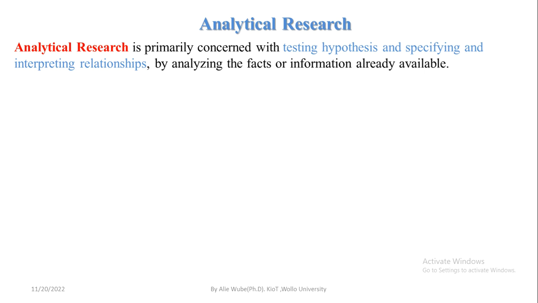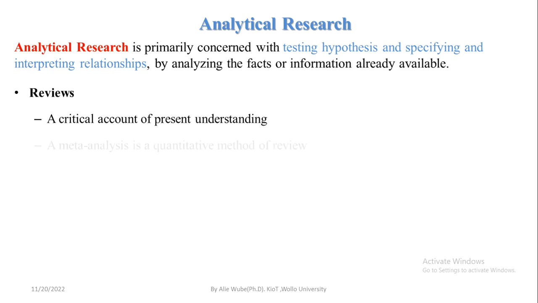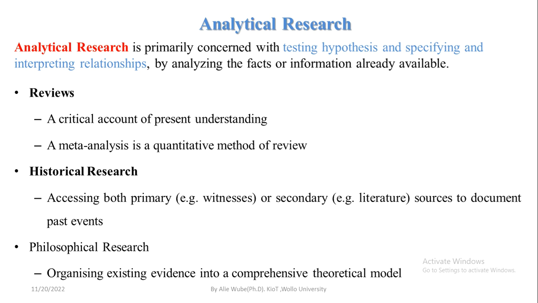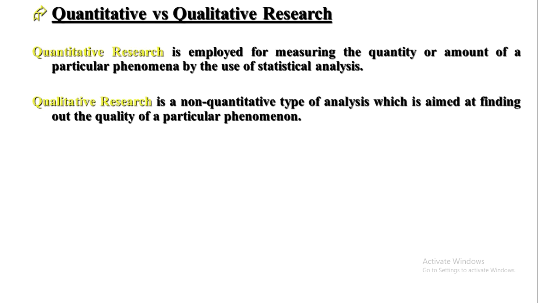When it comes to the analytical type, the primary concern is testing the hypothesis and interpreting a relationship by analyzing the facts or information already available, and then we can test or specify. For instance, reviews of the critical account of present understanding, meta-analysis, historical research, and political research. That is a common type of analytical research.